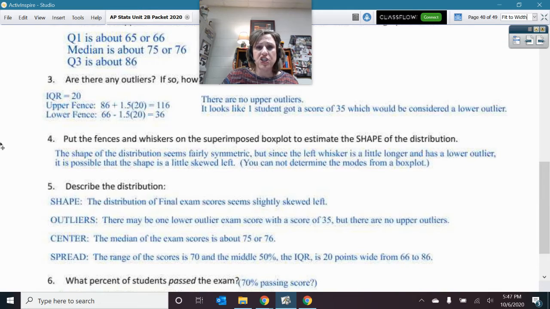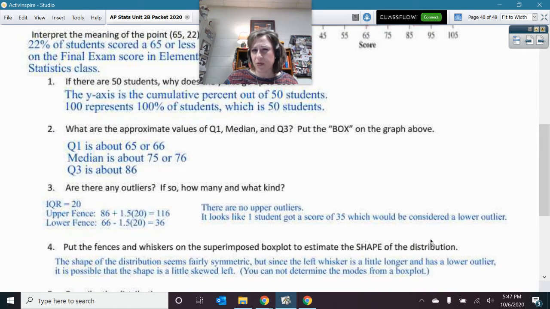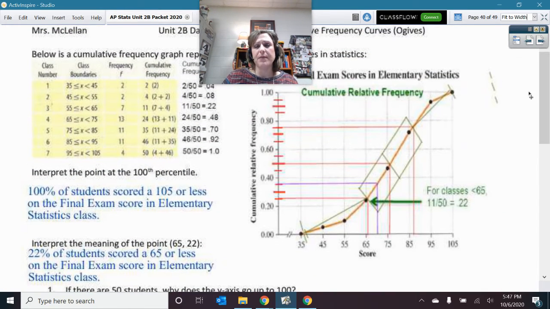All right, so now let's talk about this, because we're going to get into this idea of the shape of the distribution. Kind of hard to tell just from our box plot. I definitely can't tell modes at this point. We don't know how to tell from our box plot. But take a look at this. It looks fairly symmetric.